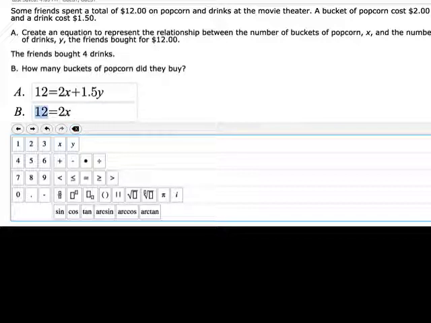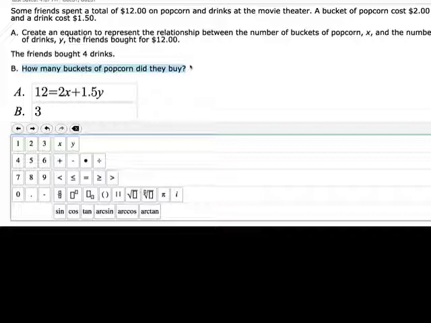And what's 12 minus 6? That would be 6. Now we're dividing both sides by 2. And 6 divided by 2 is 3. So they bought 3 buckets of popcorn. And we don't need the equal X because it's in the question. How many buckets of popcorn did they buy? If I say how many tickets did you buy to the movie theater, you're not going to say 5 equals X tickets. No, you're just going to say 5 tickets. So they bought 3 buckets of popcorn.